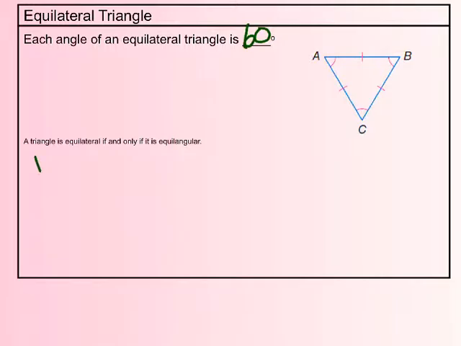So let's write this out in kind of more concrete terms. So if angle B is congruent, that's supposed to be a congruent symbol. That is a hot mess right there.